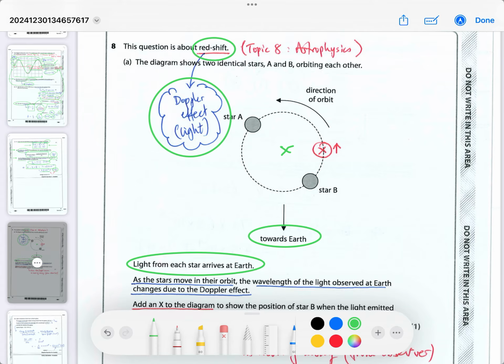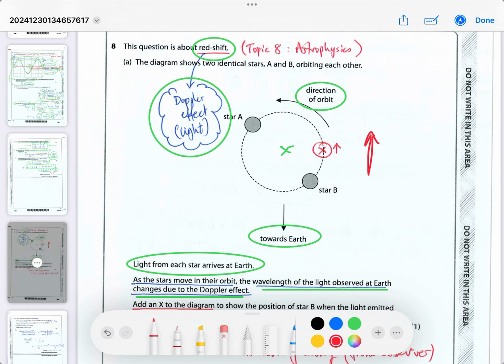As the stars move in their orbit, the wavelength of light observed at Earth changes due to the Doppler effect. Okay, now you know from the direction of the orbit that they've given you that when the star, whichever star, is moving in the upward direction, then it's moving away from us.